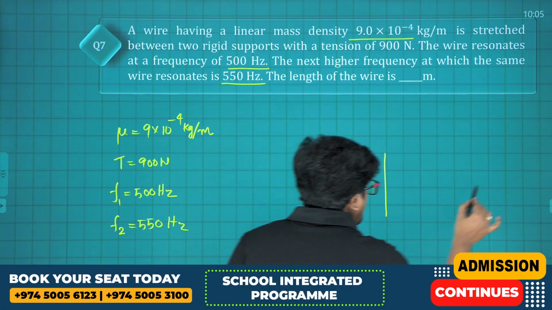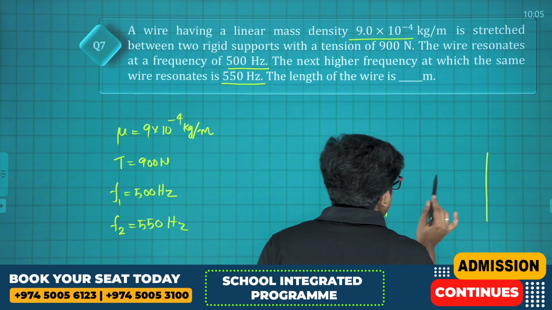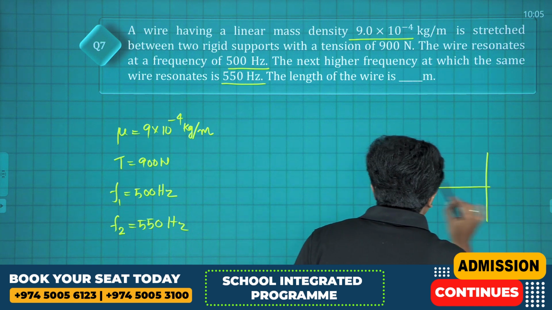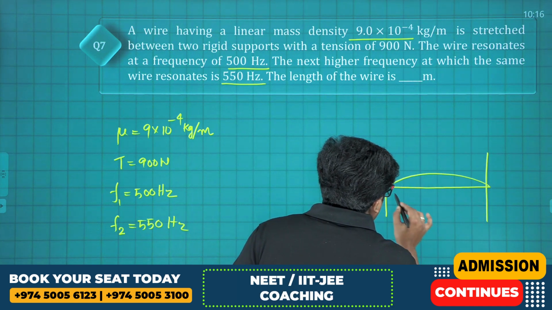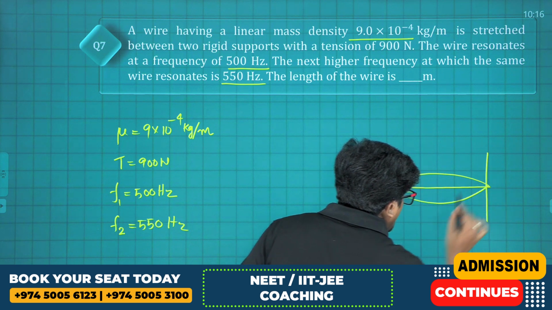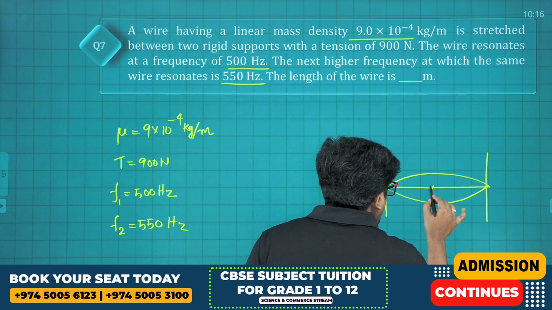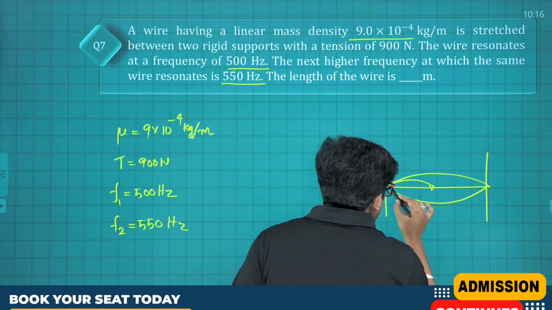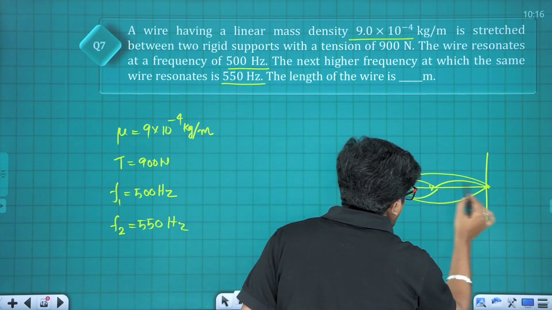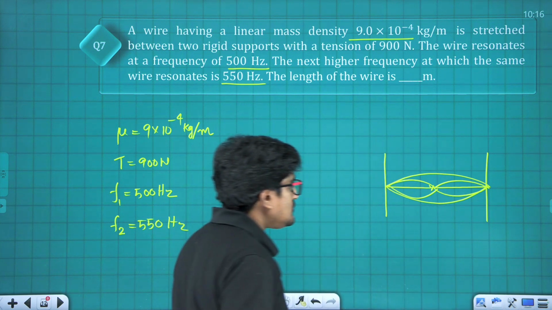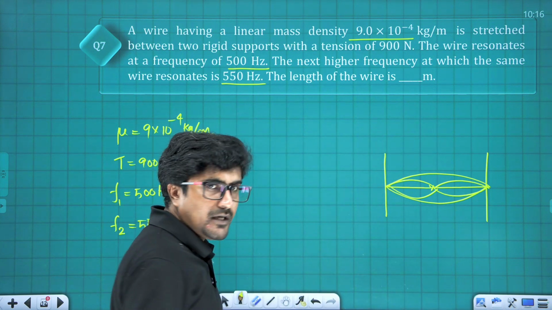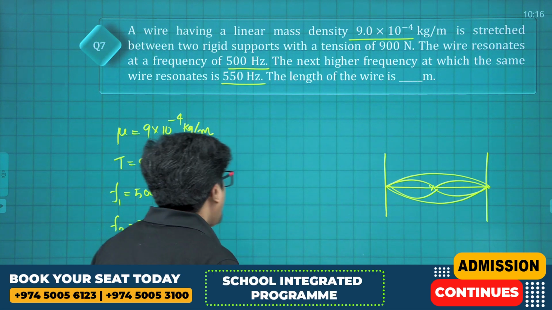Let me consider this as the fundamental frequency. I am just considering a situation here, and the next possibility is this one, that is the first overtone. I will tell you the key reason behind this.